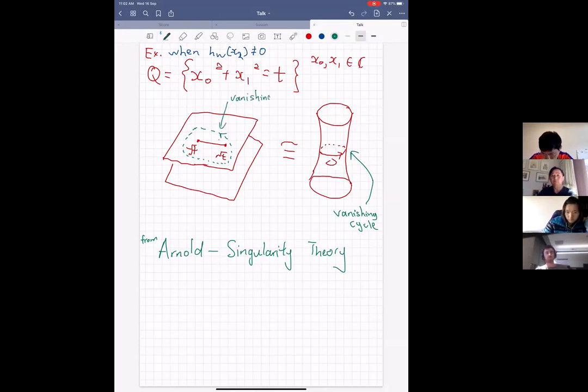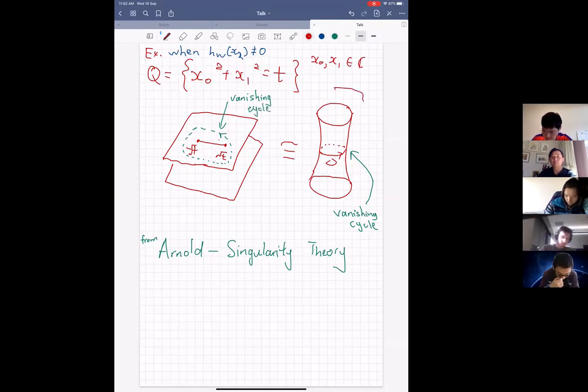It's a generator of homology in this case, when you view this Riemann surface as this cylinder here. This is small dimension, so I can draw it in a cylinder way. And this generator will become a generator here. So this is the vanishing cycle.